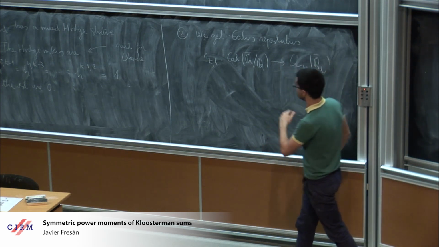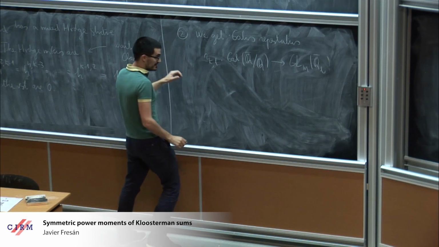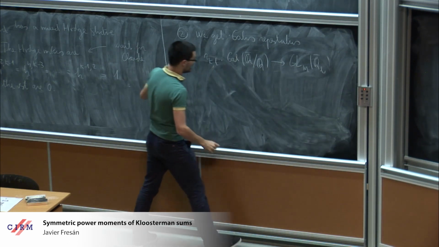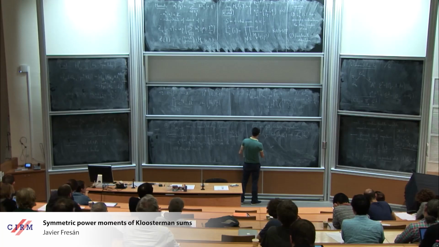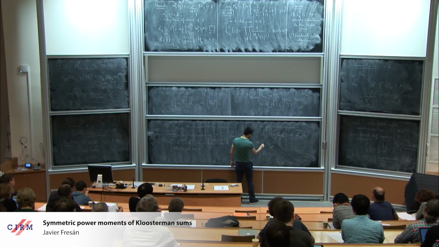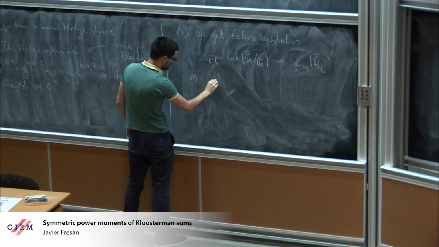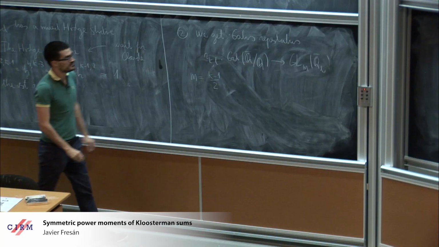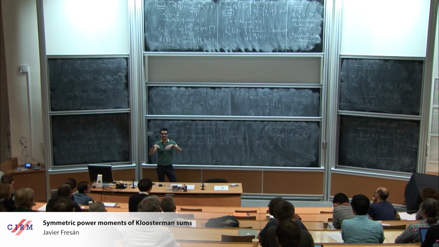Okay, and I said it a long time ago, but I didn't say it again. So this M here is the dimension. So M is equal to K minus 1 over 2. So this was the common value of the degrees of the polynomials.